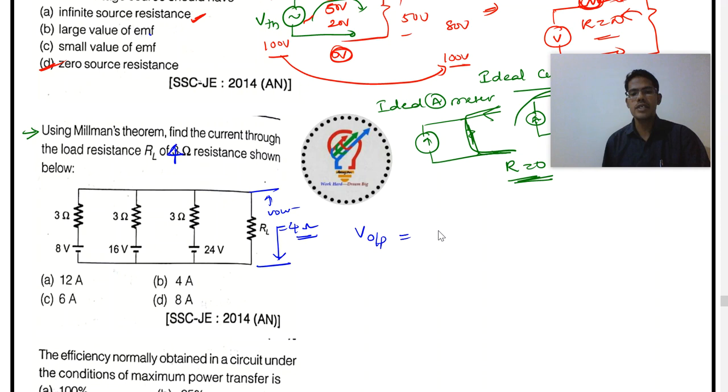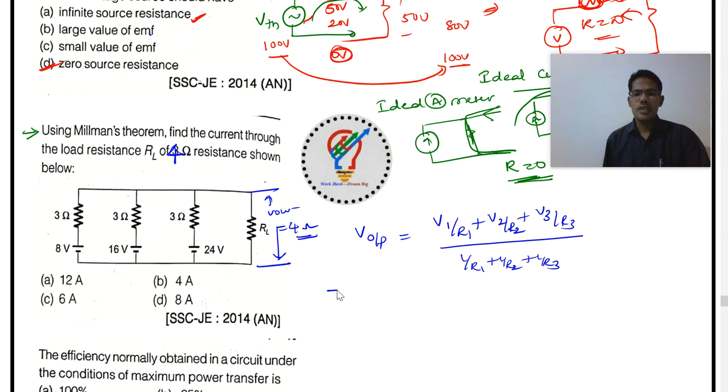The basic formula is V1 divided by R1 plus V2 divided by R2 plus V3 divided by R3. Here we have 3 elements. We have resistances but we don't have any voltage source here. So first we find the output voltage divided by 1 by R1 plus 1 by R2 plus 1 by R3.